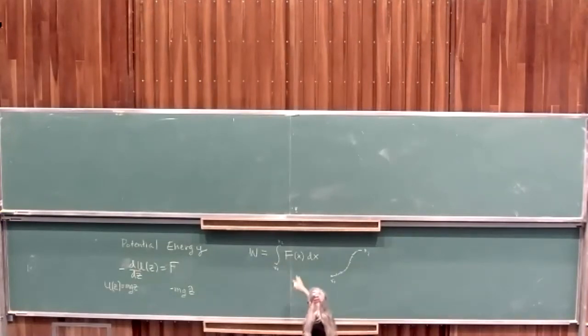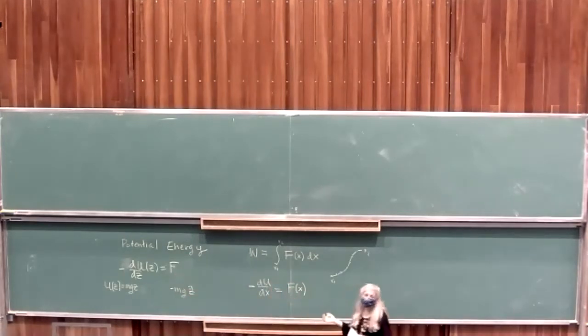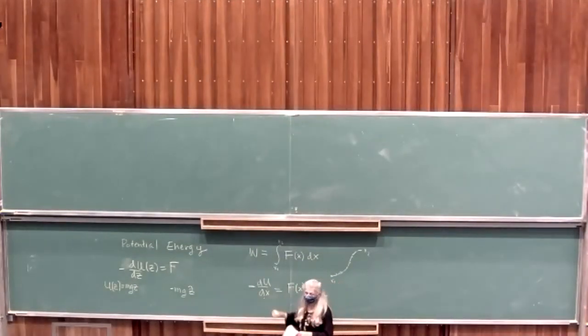This is a function of one variable, so can I find some other function U such that dU/dx is equal to F? I'm going to put a minus sign here, so F = -dU/dx. In one dimension, you can always do this. In 3 dimensions, you can't. But whatever F of x is, I can always find some function such that that's true.